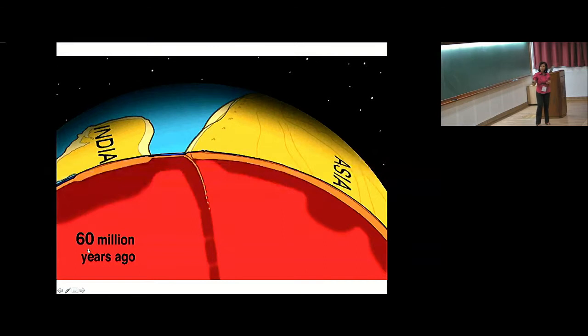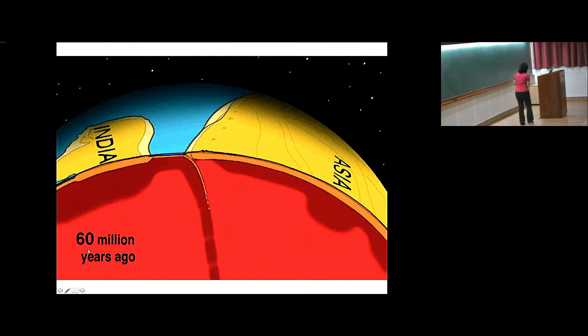So why is it diving inside the Earth's mantle? Because it's very dense, it's very heavy. So if an oceanic lithosphere and the continental lithosphere collide, the oceanic lithosphere is made up of much denser rocks. So what happens? The denser lithosphere sinks inside the Earth, okay? And that's what is shown by this dipping structure.